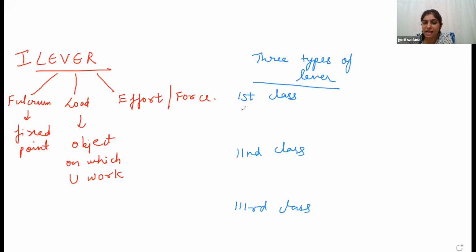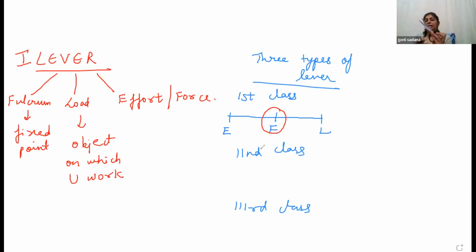Coming to the first class lever, in first class lever, what happens is the fulcrum is always in the center. The effort is on one side and load is on the other side. These two can exchange their position. Effort and load can exchange their position. Okay, but the main point is that the fulcrum is in the center for the first class lever.